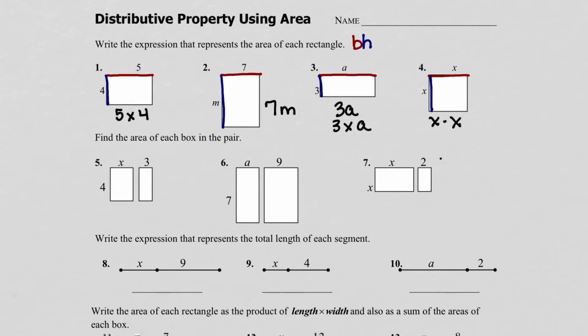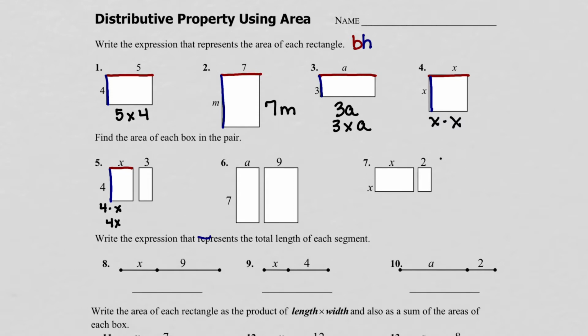So now we're going to actually find the area of each box in here. Each box. So let's look at this first box. The first box, I've got a base of x and a height of 4. So my first box is 4 times x, which is just 4x.